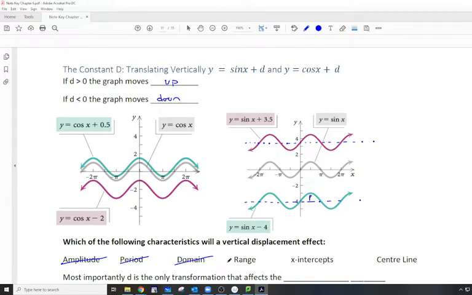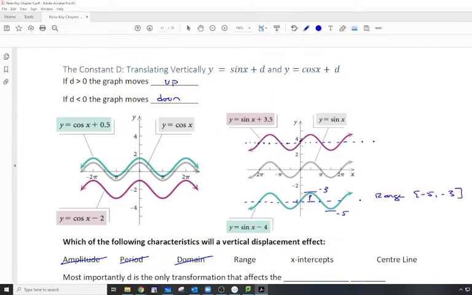What about range? Definitely. In fact, if we look at the range of some of these graphs, let's look at this one here, y equals sin x minus 4. It's going up to negative 3, and it's going down to negative 5. So the range of this graph is from negative 5 to negative 3. What about this graph up here?